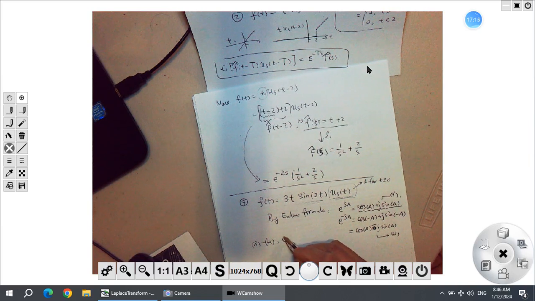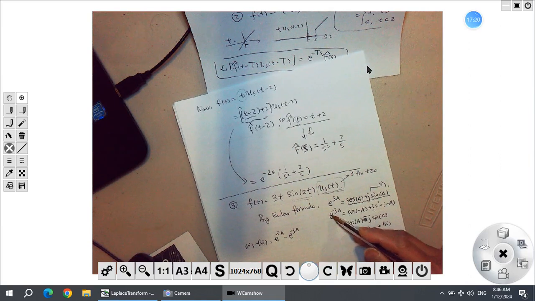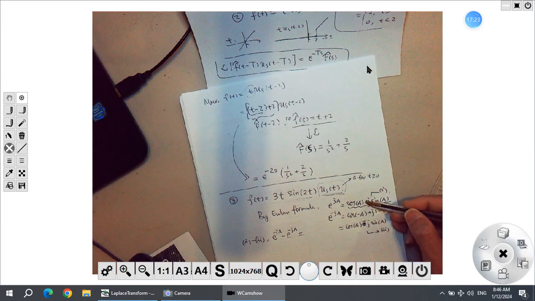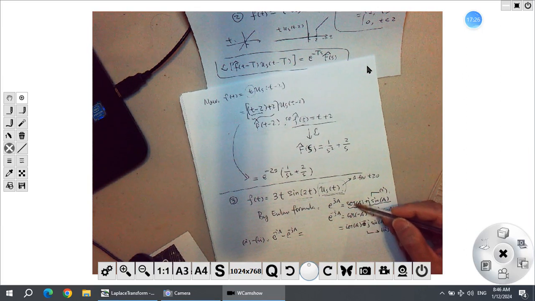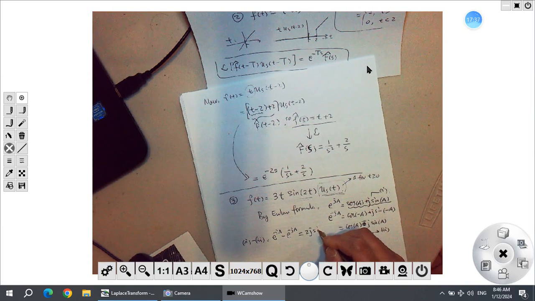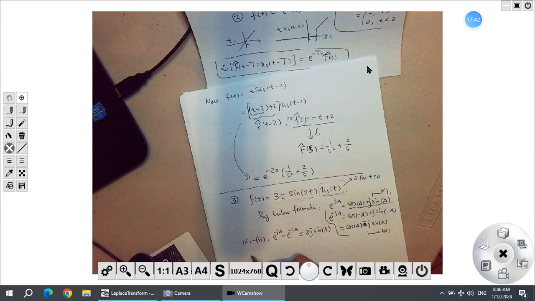E to the ja minus e to the negative ja: cosine minus cosine cancels, this is 0, and j sine minus negative j sine gives 2j sine of a. So sine of a can be written as 1 over 2j times e to the ja minus e to the negative ja.